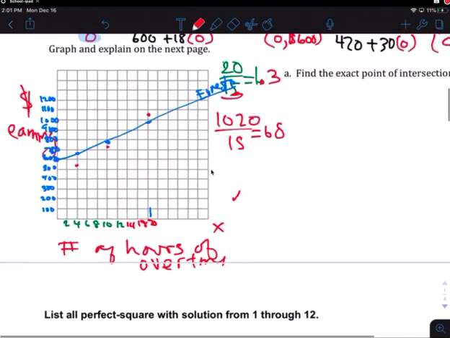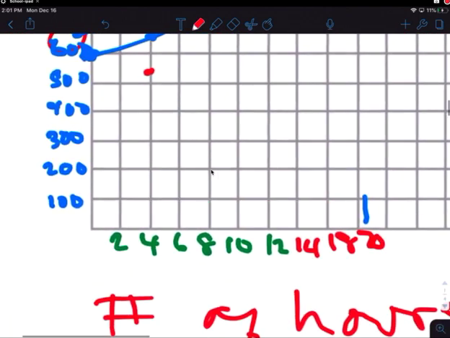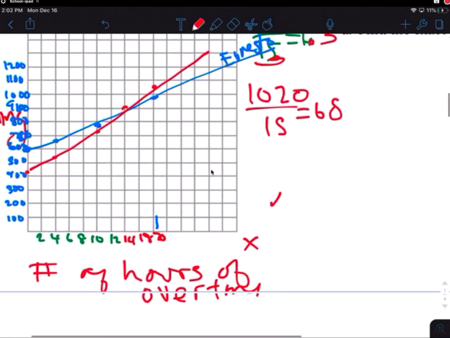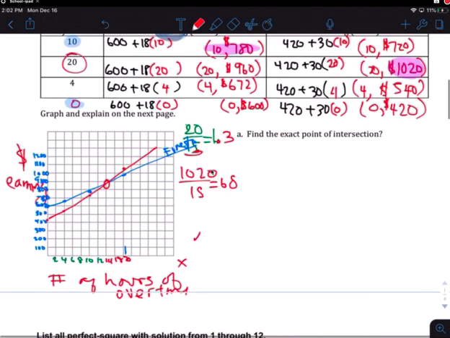And 0, 420. Okay, looks like it crosses there. So the estimate is 14 and something. So let's see if where they meet is 14 something.